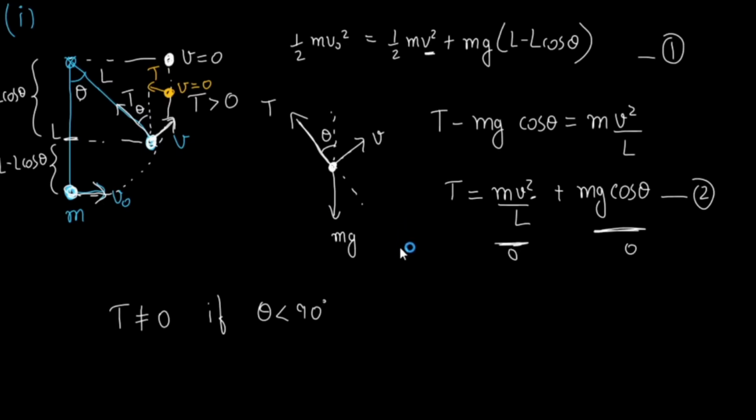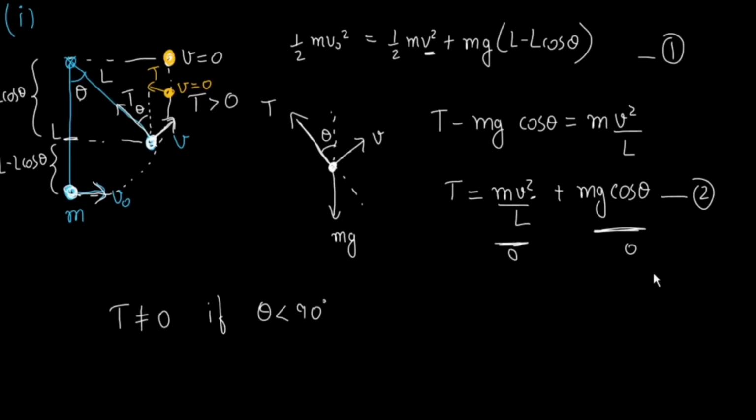Okay, since this is established, let's understand what happens exactly at theta equals 90 degrees. Let me take this as the vertical circle that I have, and I have this as my center. This was my stone at the lowest position where it was given a speed v naught, and this is my string, say length L. If the stone just reaches this point, that is theta equals 90 degrees, its velocity will become 0.